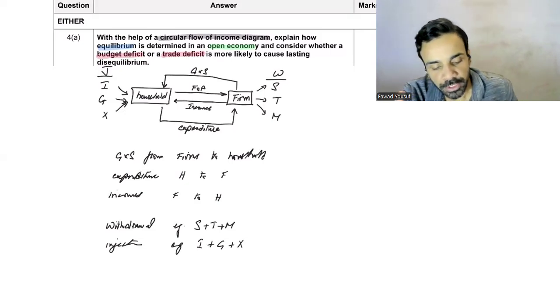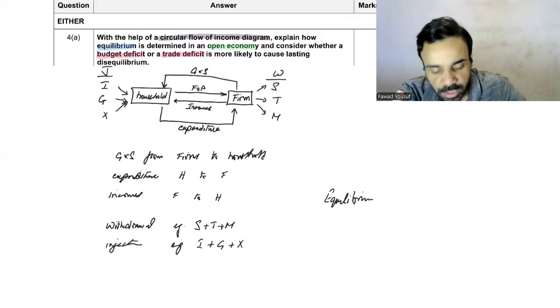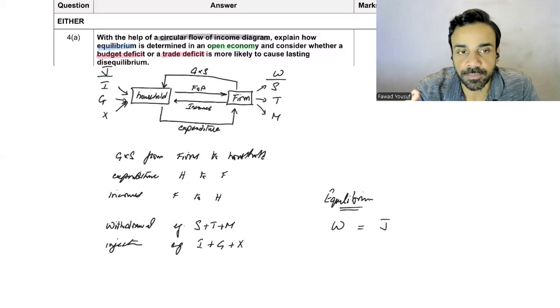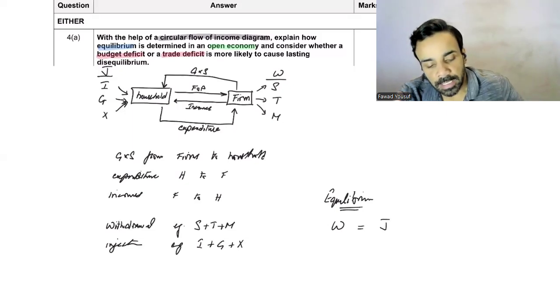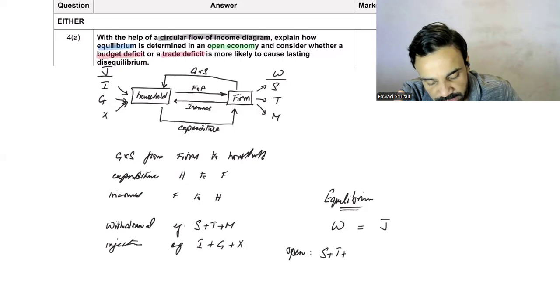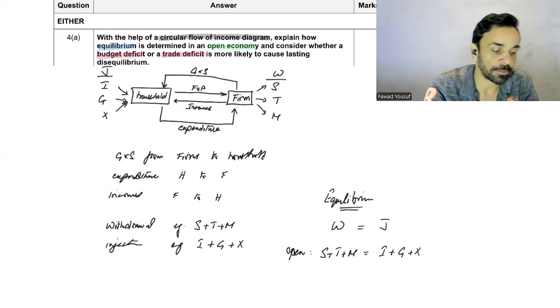Okay. So in order to answer this part, we say an equilibrium occurs when the withdrawals are equal to injections. Okay. In an open economy, the withdrawals are savings and taxes and imports, while the injections are investments and government spending and exports.